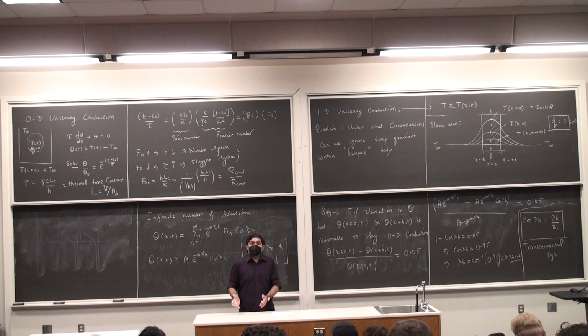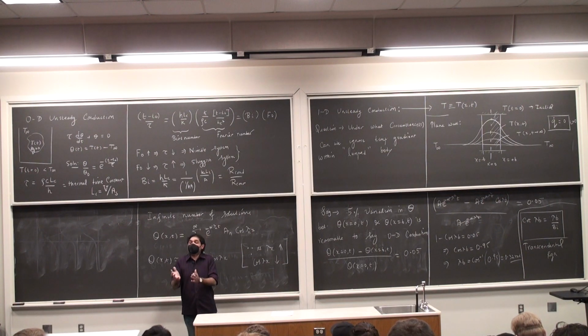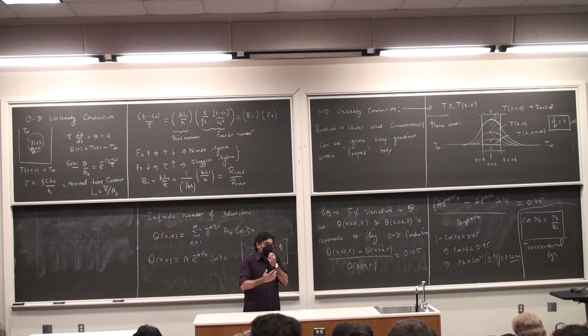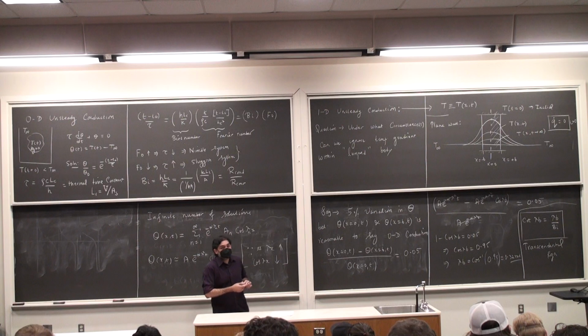That has still not solved my problem. I need to look at the Biot number, because the Biot number is the common factor between one-dimensional and zero-dimensional conduction. I see that in both the equations, both the solutions.